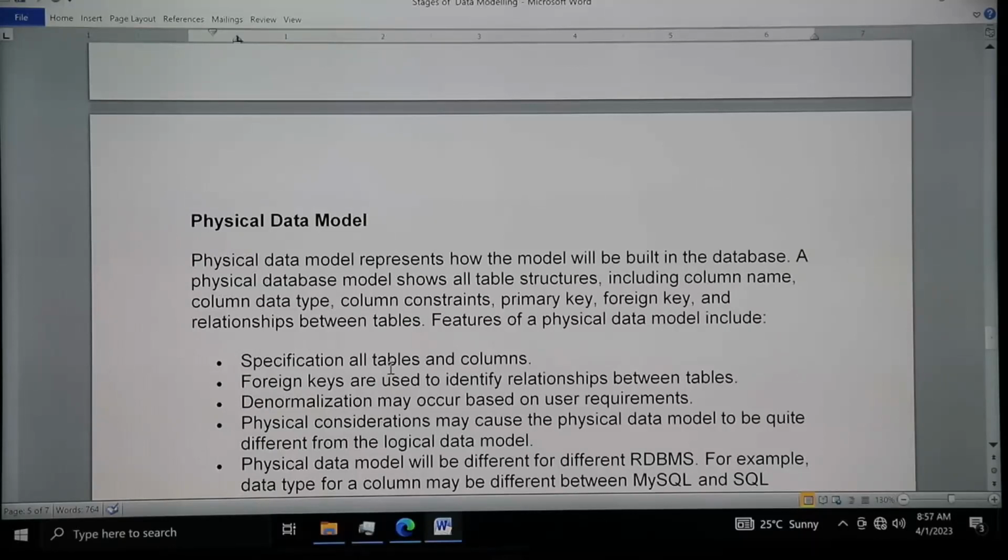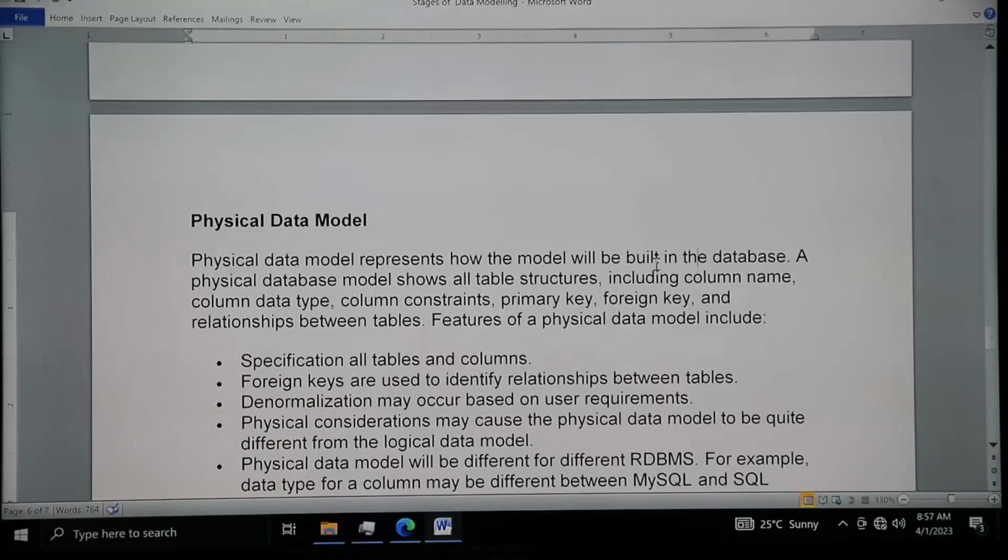If you check very well from our course outline, then you realize for the physical data model, the model represents how the model will be built in the database software, how you build the database.